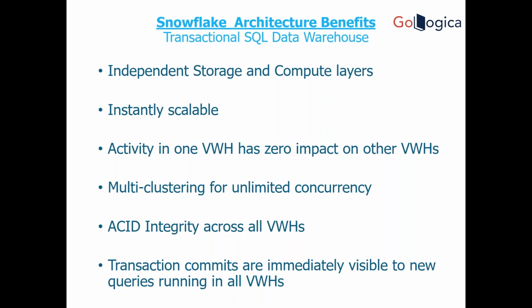All are possible because of these independent storage and compute layers. Instantly scalable. Both of them can be instantly scaled independently without disturbing the other. So activity in one warehouse will not affect another warehouse's activity. Right? So for example, data loading is happening.